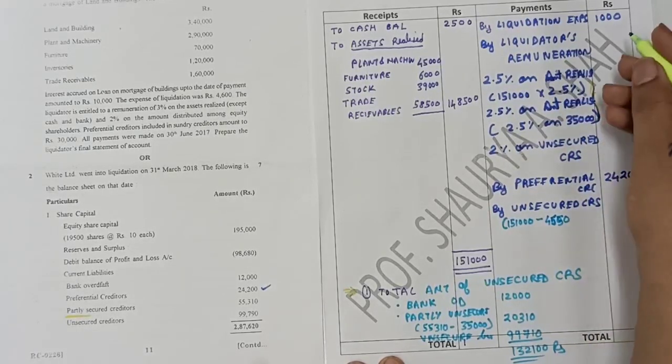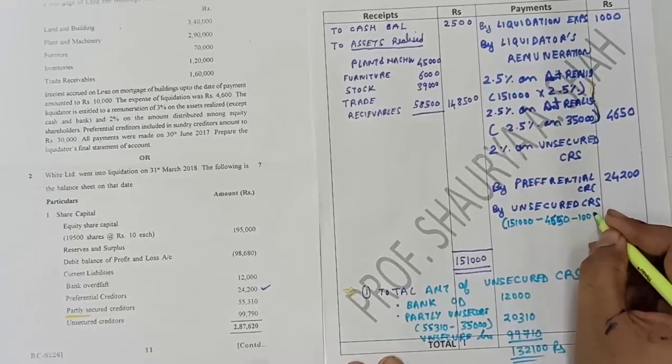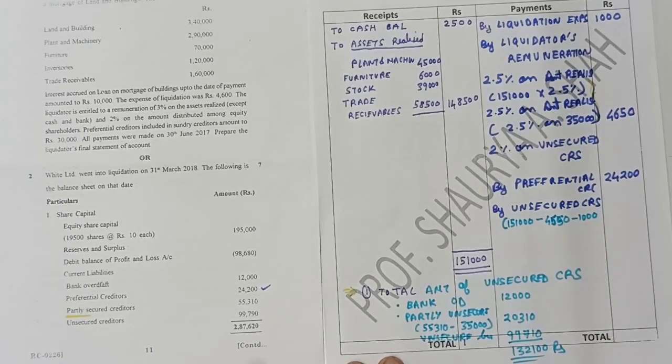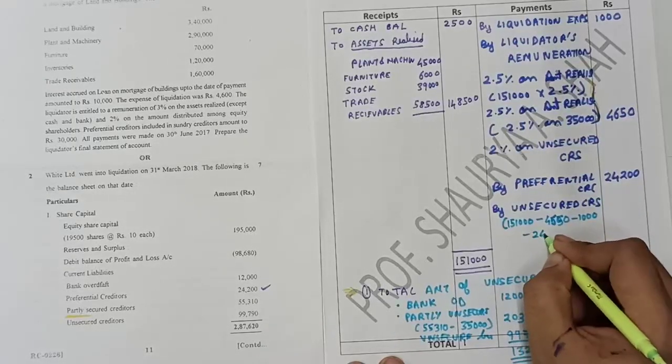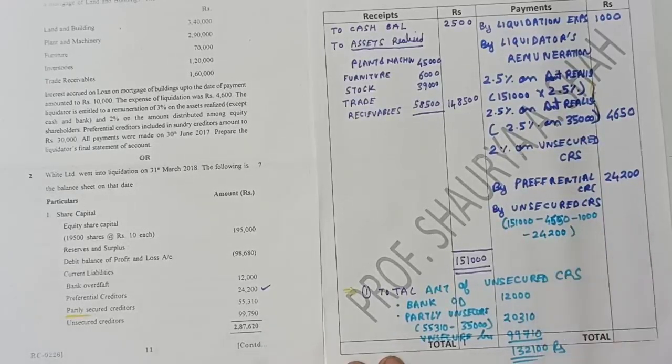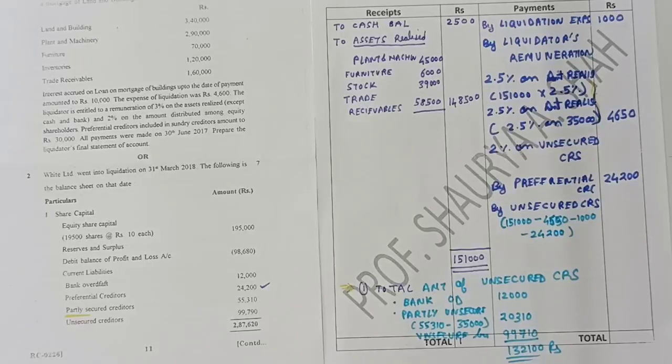From that, you have also paid 1,000 rupees liquidator's expenses. Again, you have paid 24,200. So you can calculate the balance amount: 1,51,000 minus 4650 minus 1,000 minus 24,200.